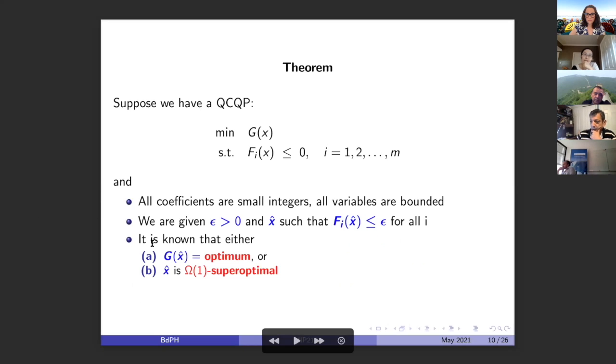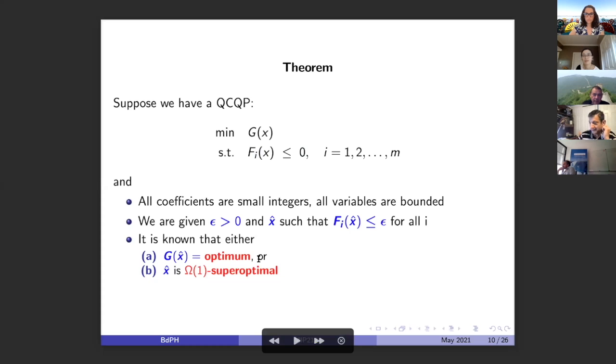And moreover, now we know that either it in fact attains the optimum value, or, surprise, it is super optimal. Given that QCQP allows for non-convexities, it should not be surprising that a nearly feasible solution can be extremely super optimal. But in fact, it's NP hard.